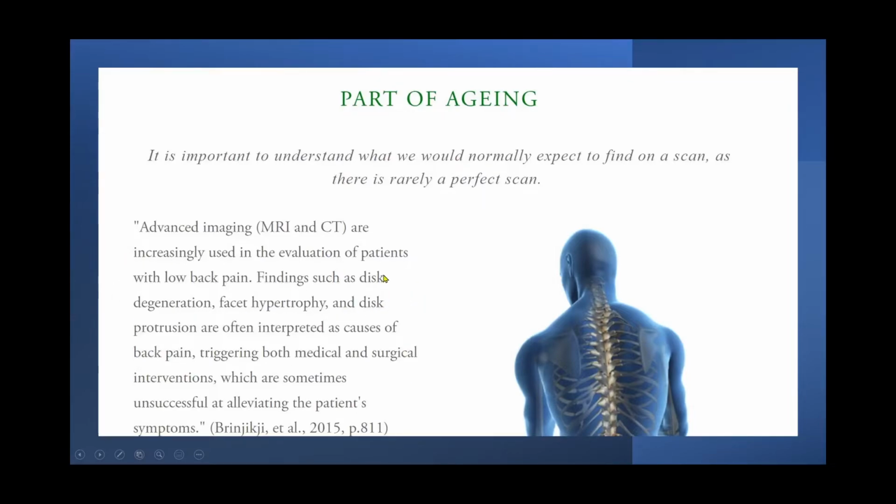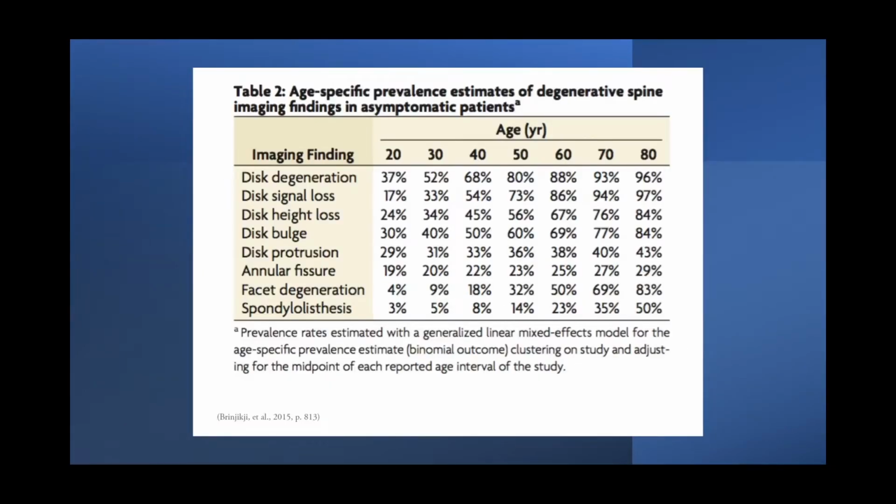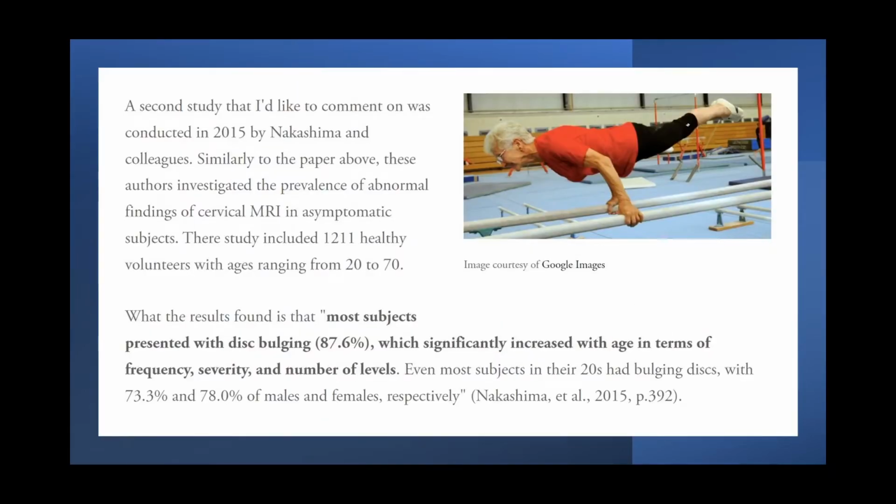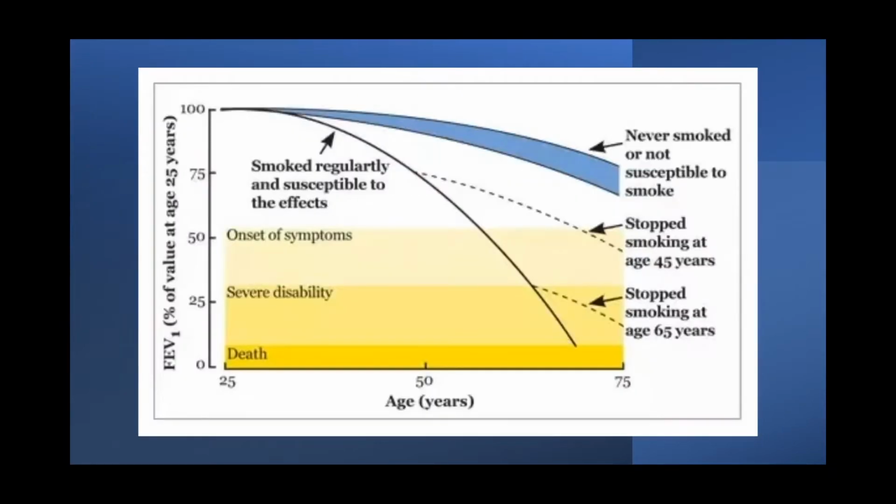Okay. So let's go a little bit further and really think about what is the difference between someone who has those changes and someone who does not have those. Someone who has those changes and is asymptomatic, no pain, no disability, and someone who has those exact same changes and has a lot of pain and disability.